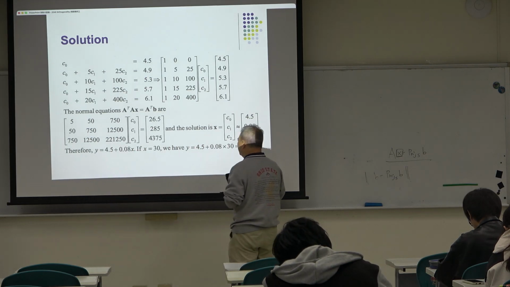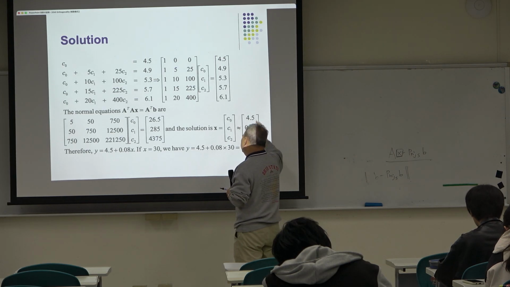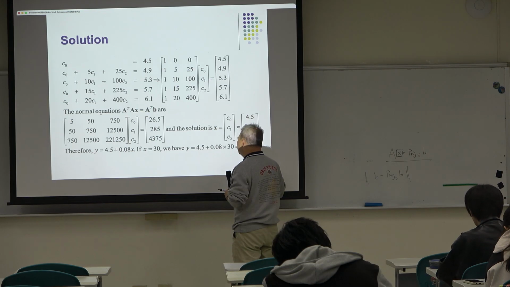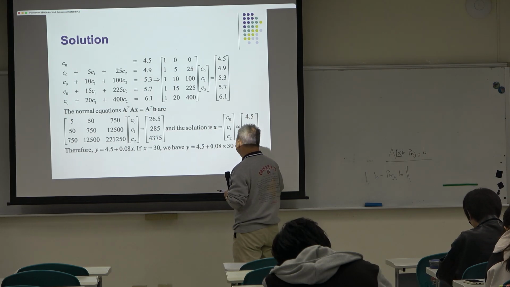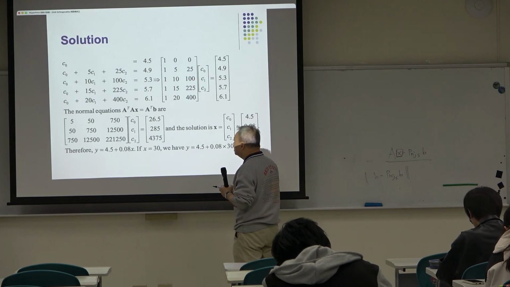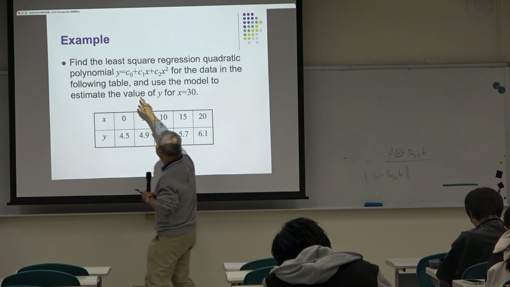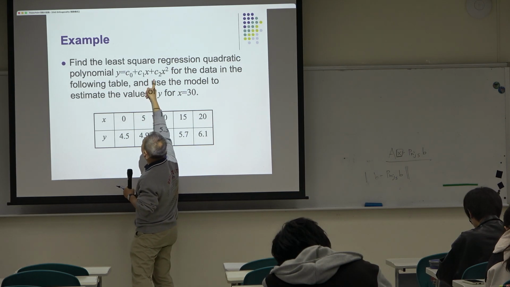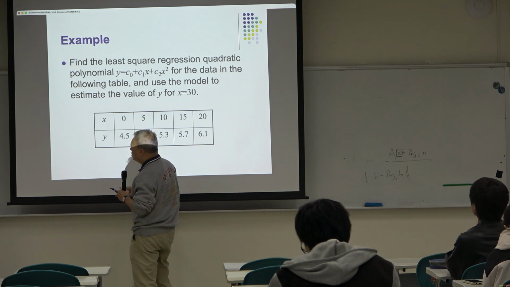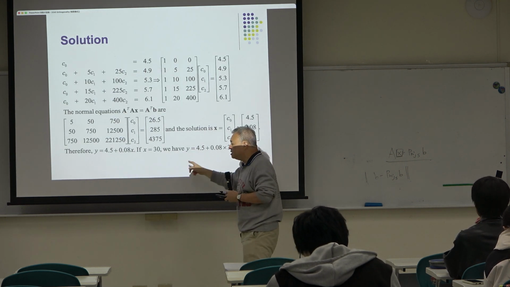This will yield the projection that has the closest distance. So you can plug c0, c1, c2 into the original equation, and when x is 30, you can estimate y.